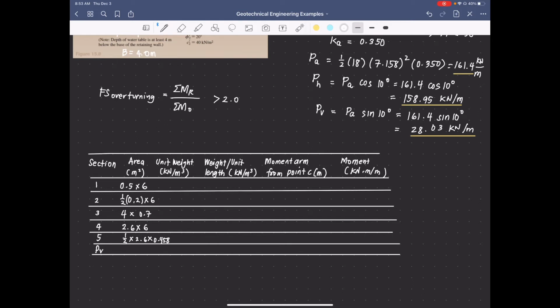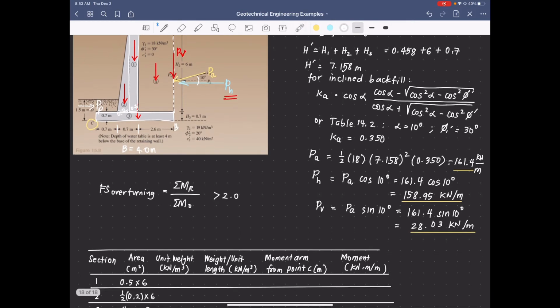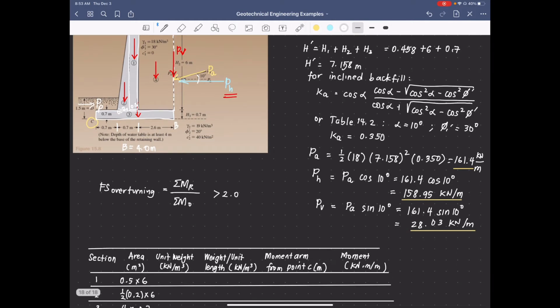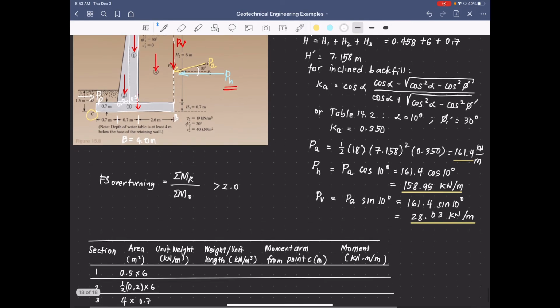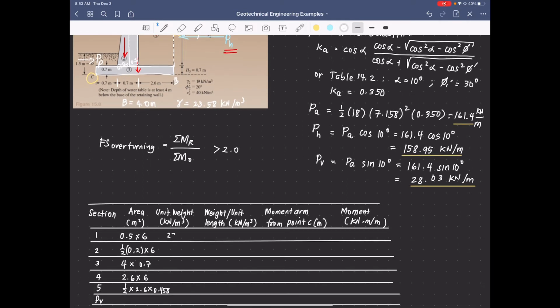The unit weights are also given for sections 1, 2, 3. Since this is concrete, the given unit weight is 23.58. This is in kilonewton per cubic meter. So we can just write here 23.58.